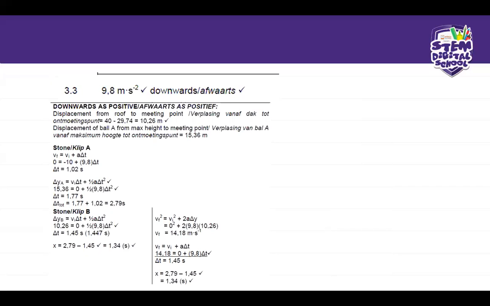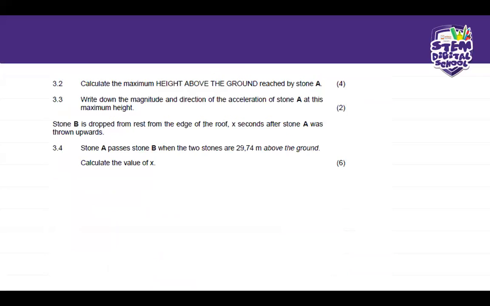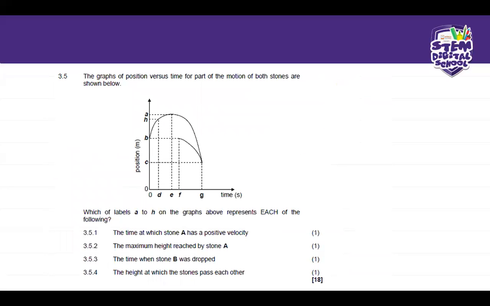This is the time, because they said when they pass each other. Okay, what is the value of x?